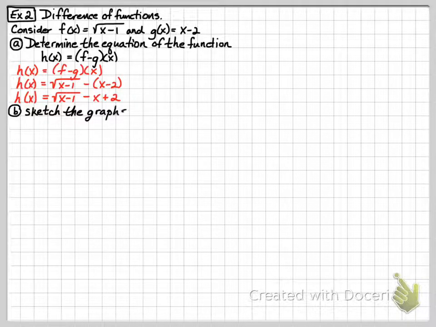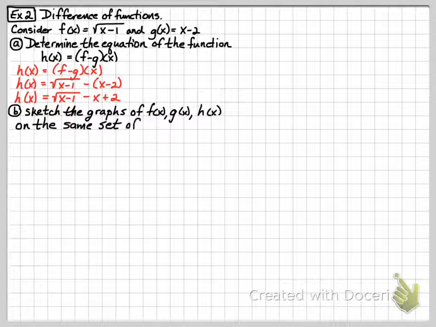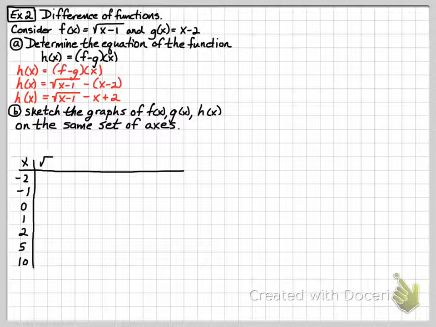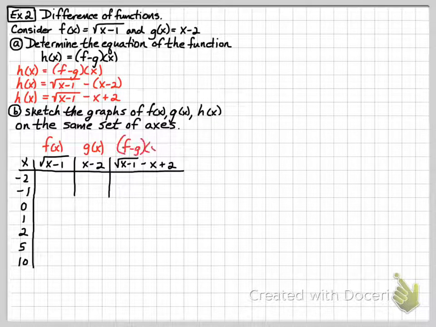Let's sketch the graph. Again, we're going to plot some points for all three. We pick these x values for the square root of x minus 1, x minus 2, and the square root of x minus 1 minus x plus 2. First of all, negative 2 minus 1 is root negative 3.